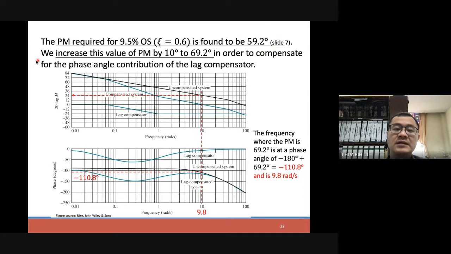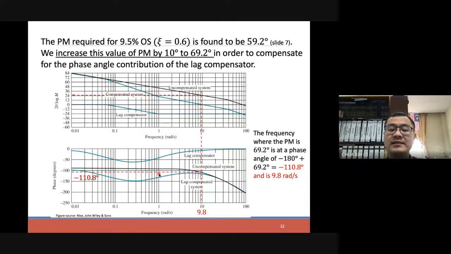In our design guideline, we increase the phase margin by 5 to 12 percent. So we can choose any number we like. For simplicity, we choose 10 degrees, so 59 now increases to 69. If this is 69, then it should be about minus 110.